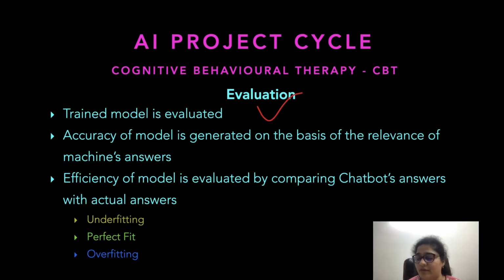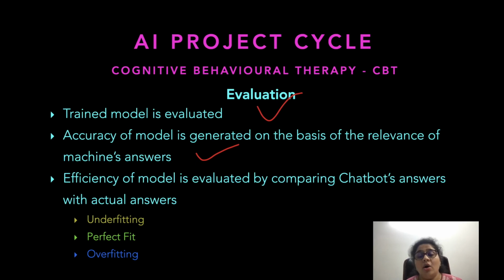Now the next point is, as we discussed, accuracy of the model is determined on the basis of relevance of the machine's answers. That means since we are developing a chatbot, the machine will be asked multiple questions, and if the machine is able to give relevant answers, the model will be called accurate.